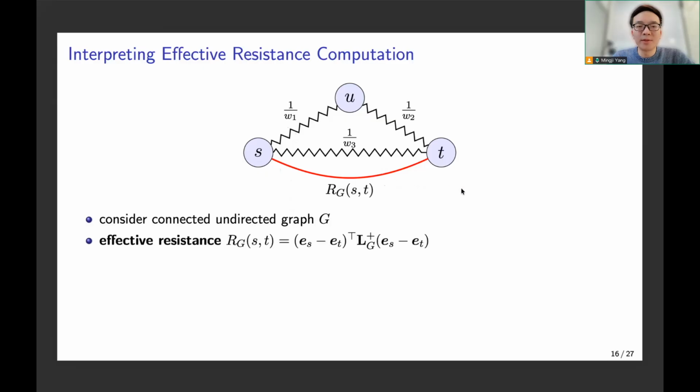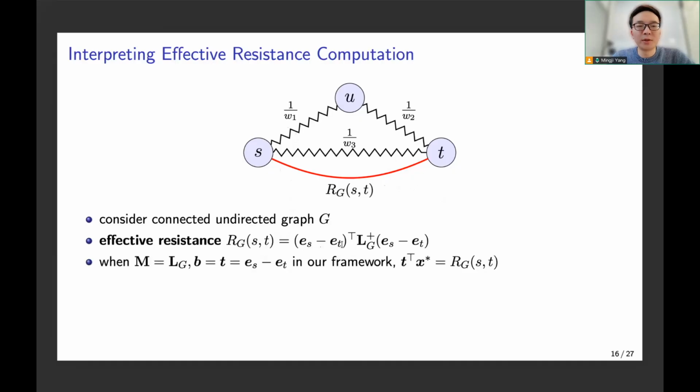And for our purposes, we can consider the algebraic property of effective resistance. That is, the resistance between S and T equals the projected form of the pseudo-inverse of the Laplacian matrix with respect to the difference of two unit vectors e_S and e_T.